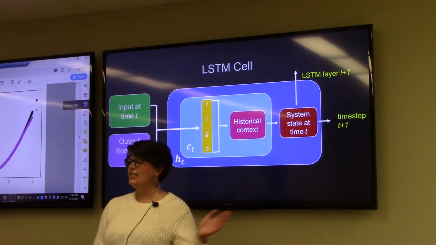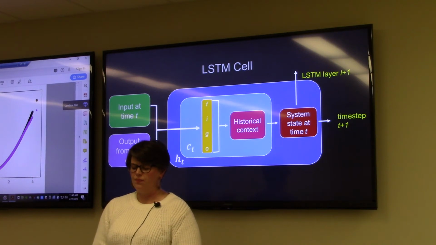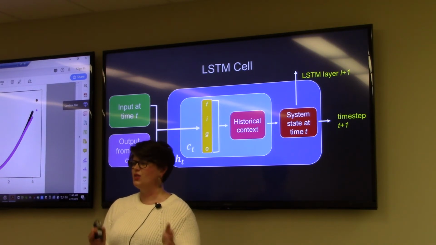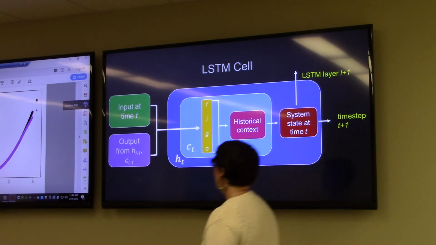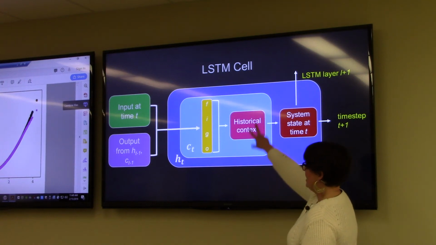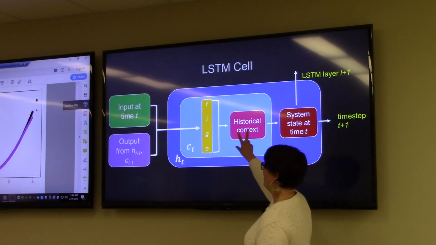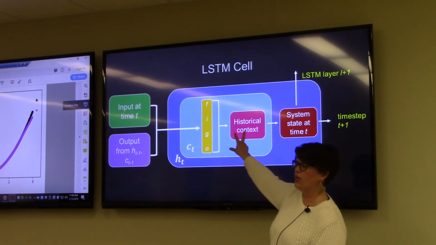The antecedent conditions are very informative as to what the physical processes governing soil moisture are going to output today. So the important thing about an LSTM is that we're really able to take those observations into historical context.